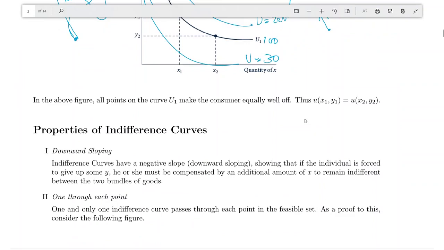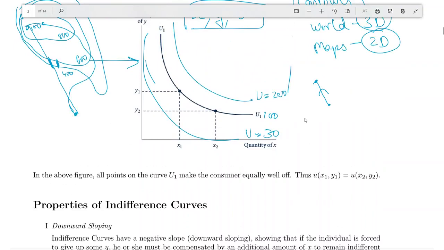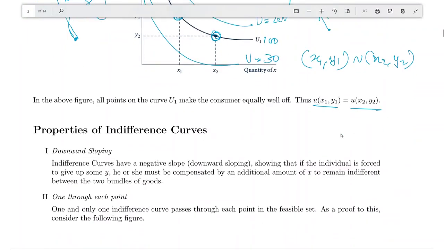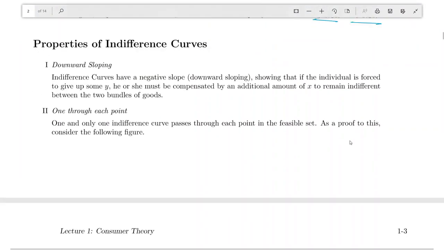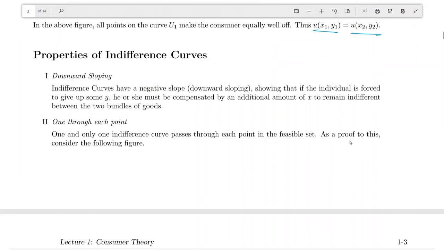If there are two points x1 y1 and x2 y2 on the same indifference curve, it basically means that x1 y1 is indifferent to x2 y2. What it also means is that utility at x1 y1 is equal to utility at x2 y2. So that's indifference curves. Now, certain properties of indifference curves: they are downward sloping.